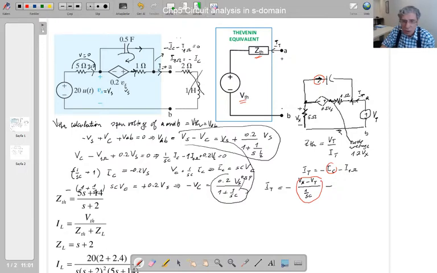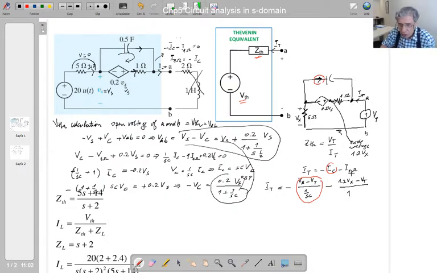So minus this node voltage is equal to Vt. So that means now Vt, once again, 1.2 Vx. That is this node voltage minus this node voltage minus Vt over 1 ohm gives me this current.